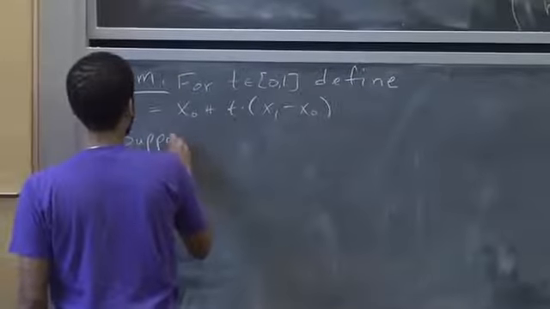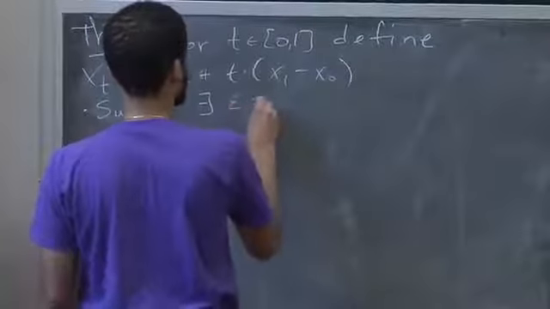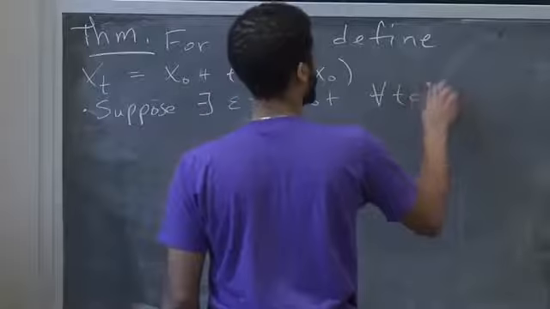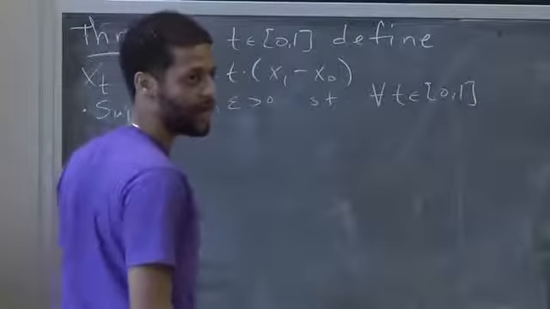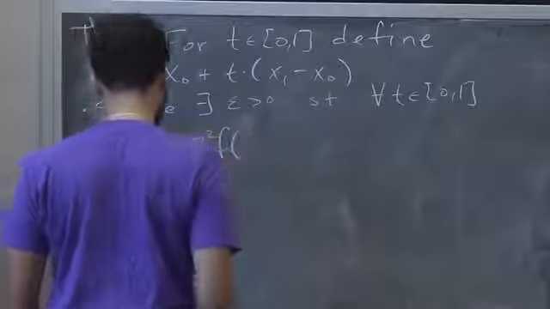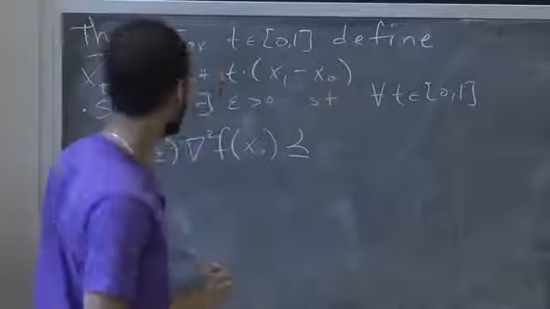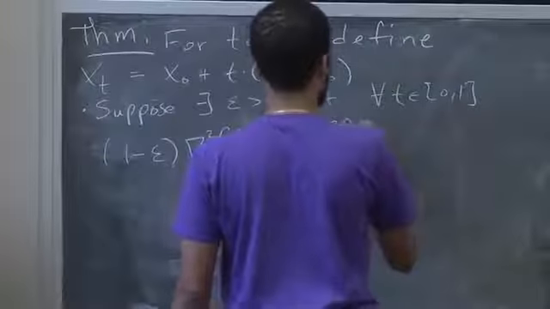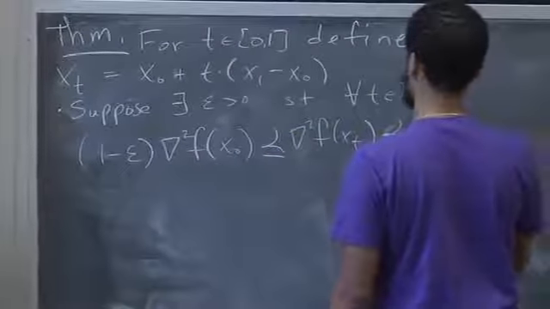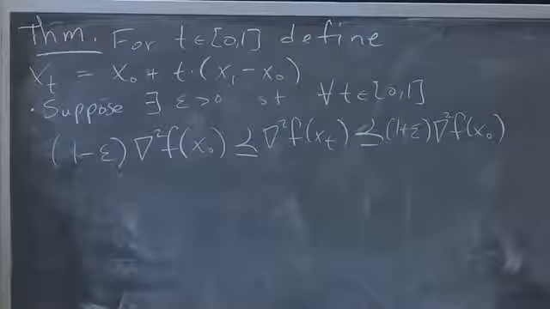Suppose there exists a positive epsilon, such that for all t in the interval from 0 to 1, we have that the following is true. (1 minus epsilon) times the Hessian of f at x0 is at most, in the Loewner ordering, the Hessian at x_t, which is at most, in the Loewner ordering, (1 plus epsilon) times the Hessian at x0. Suppose that that's true.